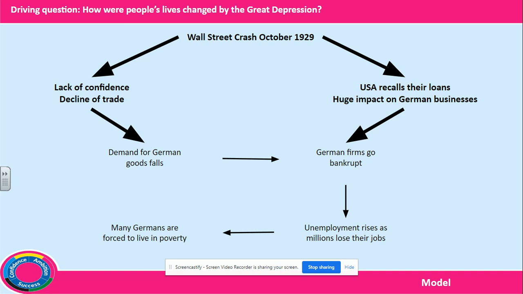Because they were living in poverty, they didn't have the money to buy German goods, and so demand fell again. And this led to more unemployment and more people living in poverty. Then we can see the circle starts to go round and round. This is what we call the Great Depression.